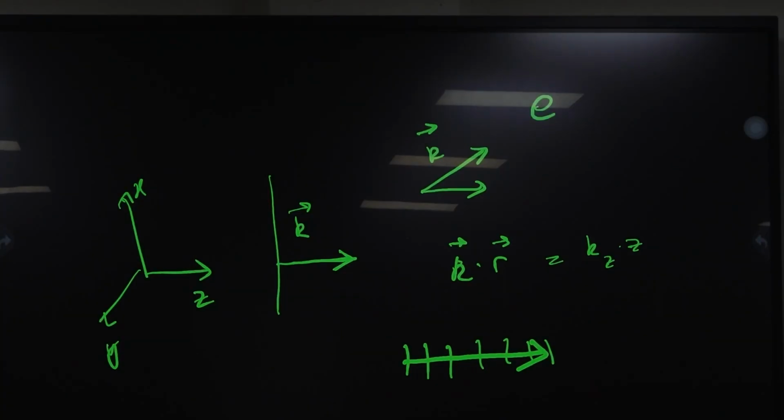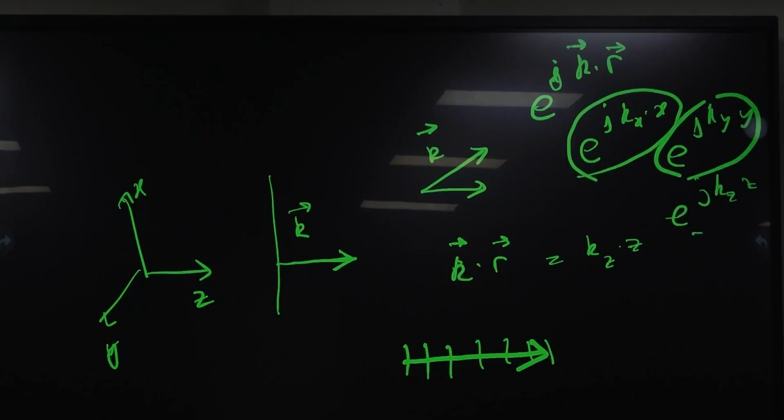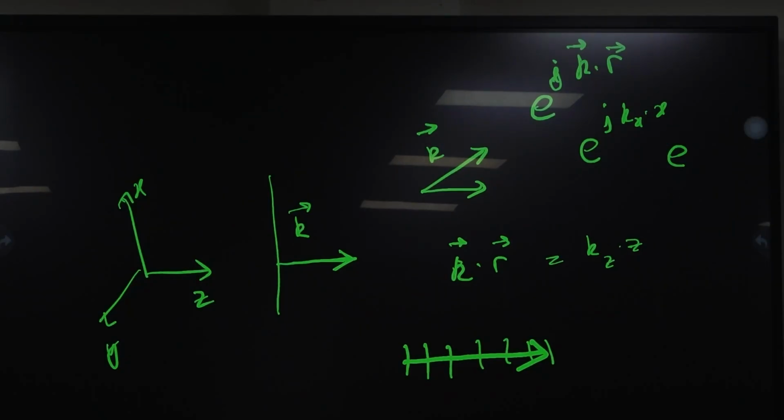So e to the j k dot r is the same as e to the j kx x times e to the j ky y times e to the j kz z. This is how much phase accumulates along the x direction, along y, and along z. This is one way of interpreting it. There are a few other ways as well, but that's the basic idea.